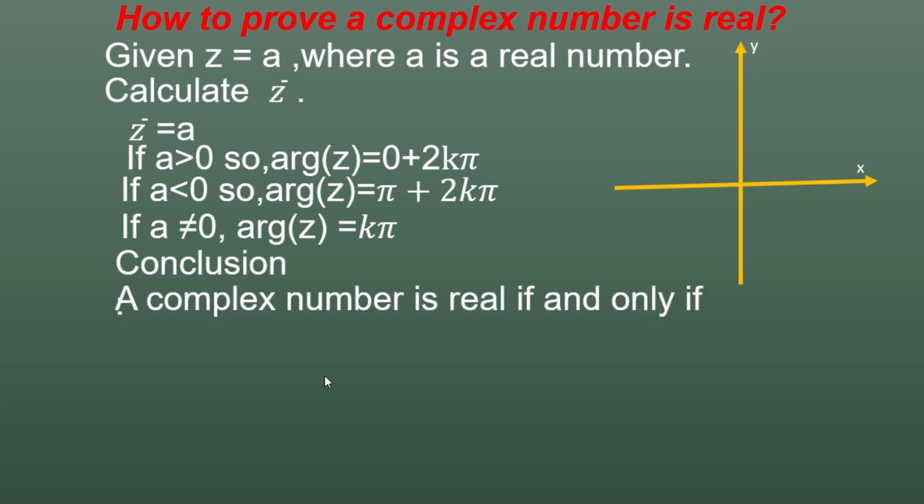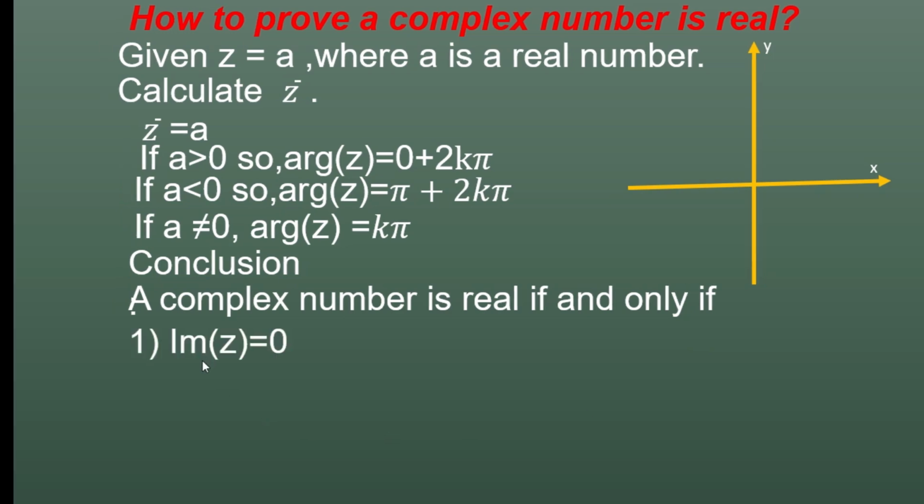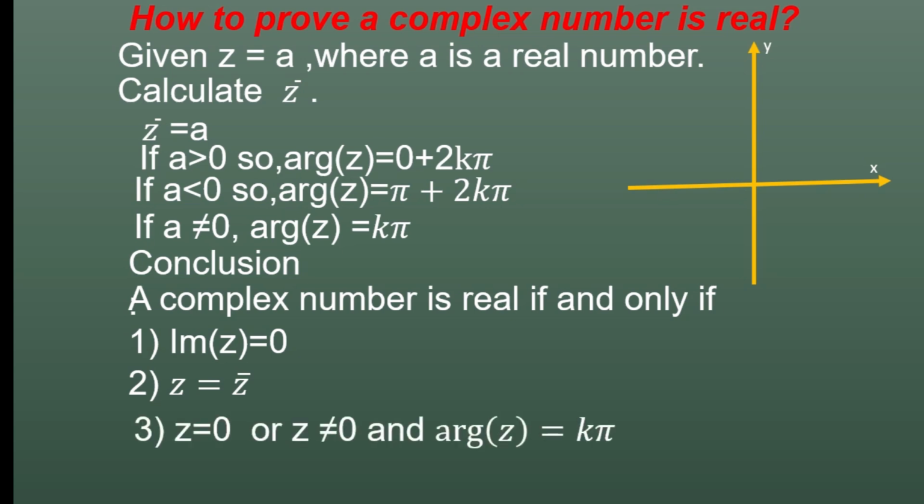Conclusion: a complex number is real if and only if the imaginary part of the complex number is 0, or z equals z bar. When z equals z bar, it means that z is a real number. Or z equals 0.